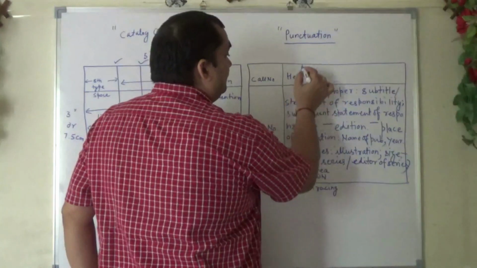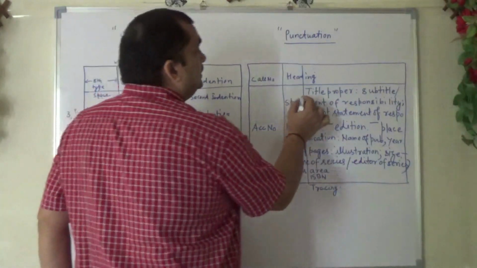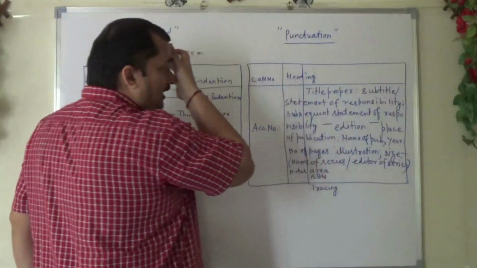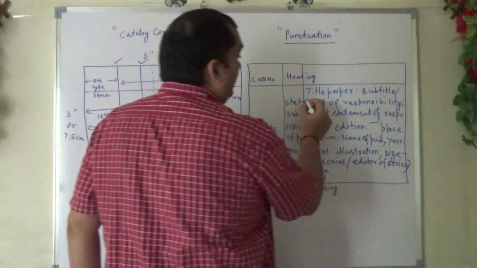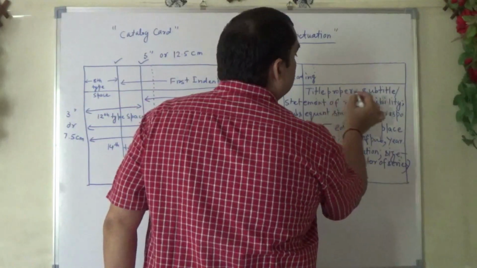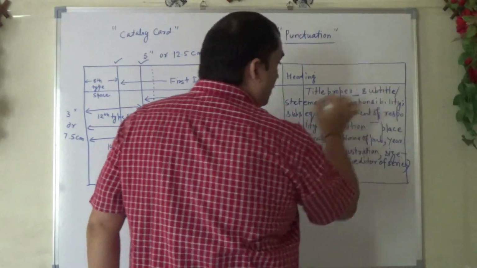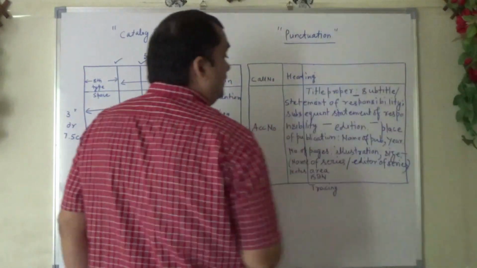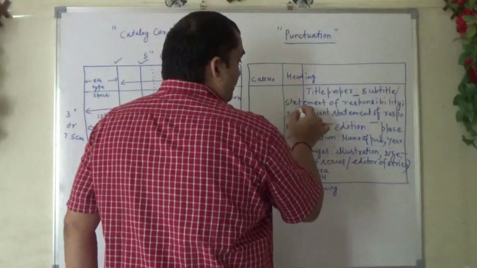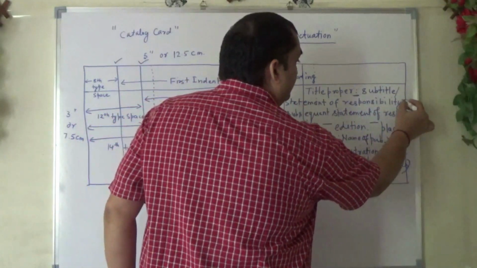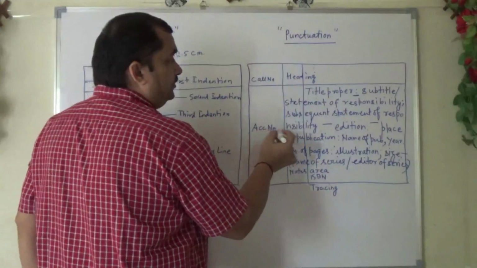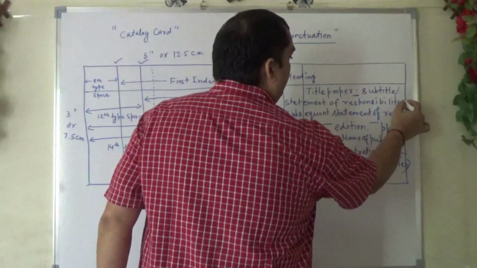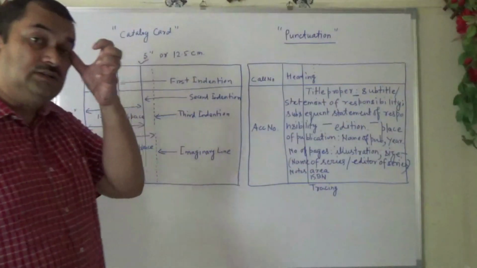After that, from the second indentation, the card preparation will start, where we write the title proper. It will be separated by a colon if there is a subtitle. Again it will be separated by a forward slash, followed by the statement of responsibility, and if there is a subsequent statement of responsibility, it will be separated by a semicolon. For example, there is an author and editor.